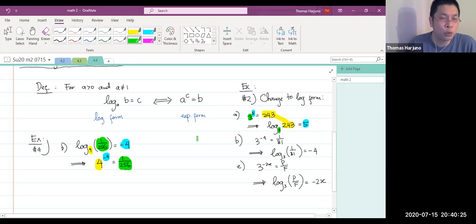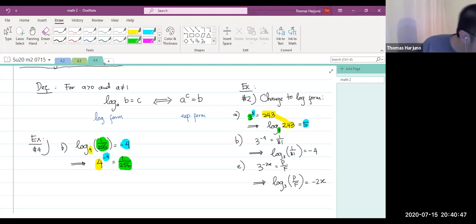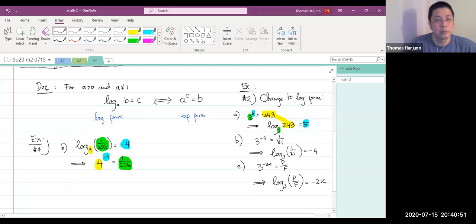Bring out your childhood pattern recognition mode. If you have this color in the form of logs, then what will happen if you write it in exponential form? See how the coloring actually changes. I hope that helps. How about part D?